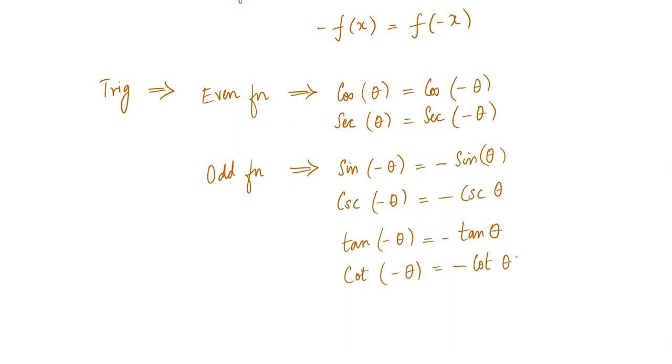This is something we're going to use, especially when we do reference angles. It's going to come in really handy to convert your negative angles into positive angles. Your reference angles by definition give you positive angles, but it also reiterates the evenness and oddness when you have to switch from the negative angle to positive angle.